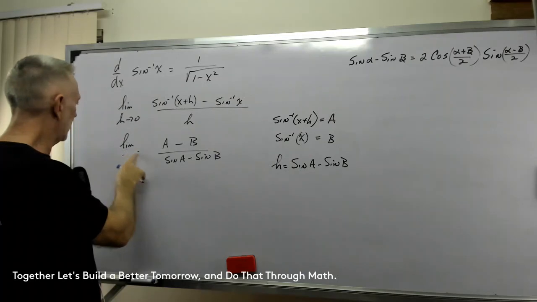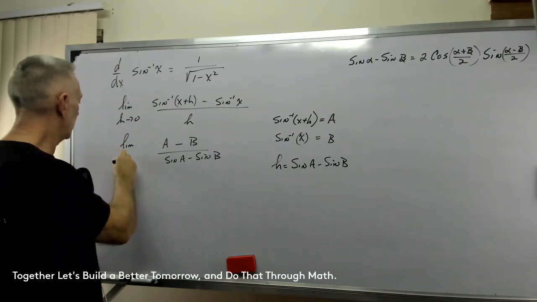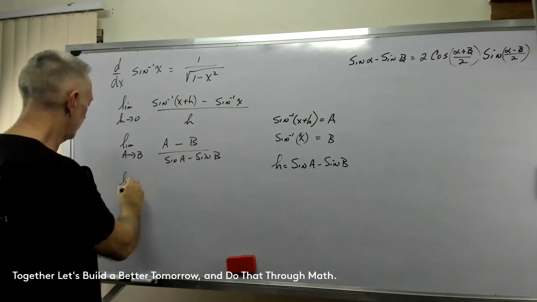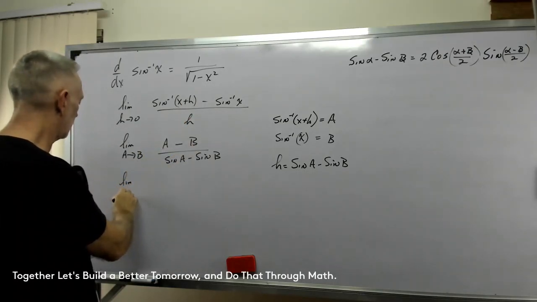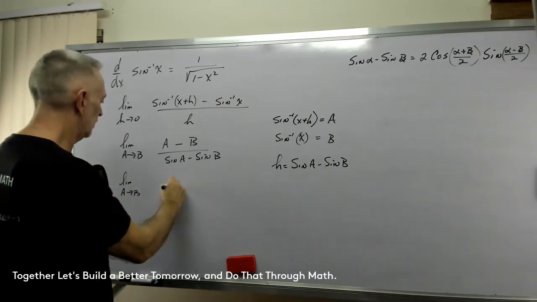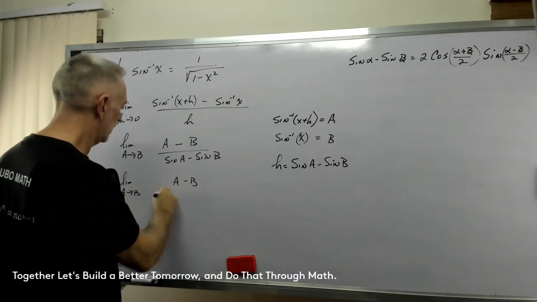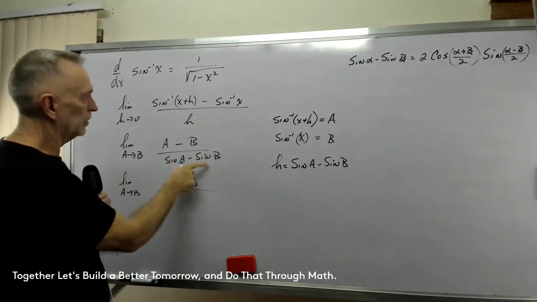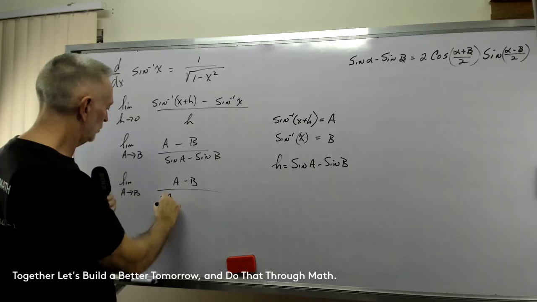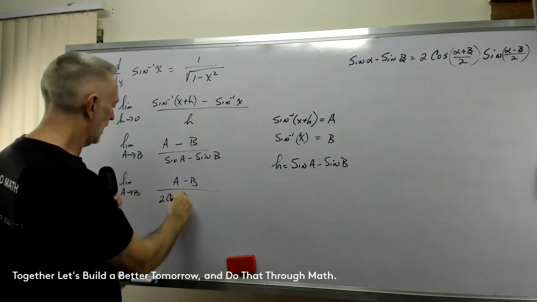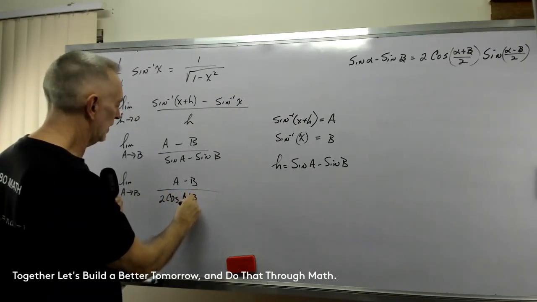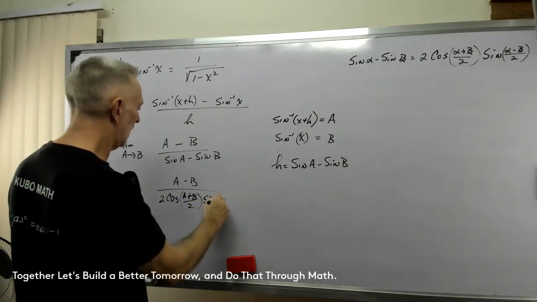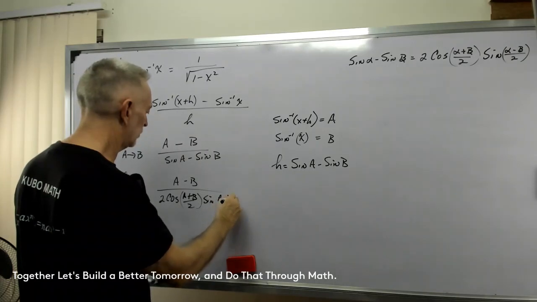Actually this should be the limit as a approaches b now, because we've taken h out of there. So now the limit as a approaches b of a minus b, over sine alpha minus sine beta, if you will, 2 cosine of a plus b over 2 times sine of a minus b over 2.